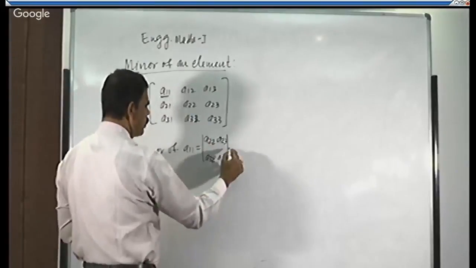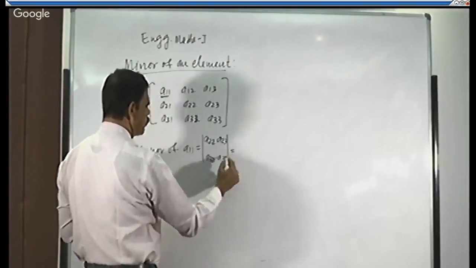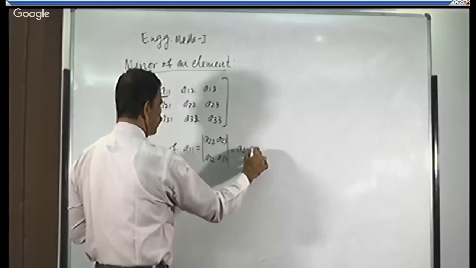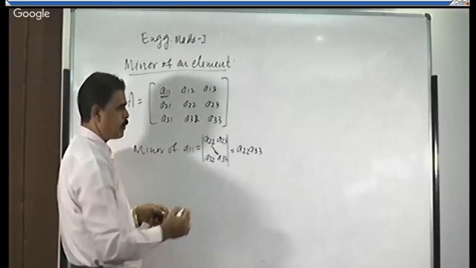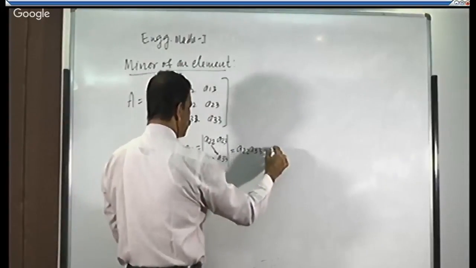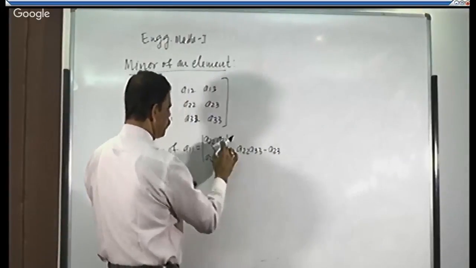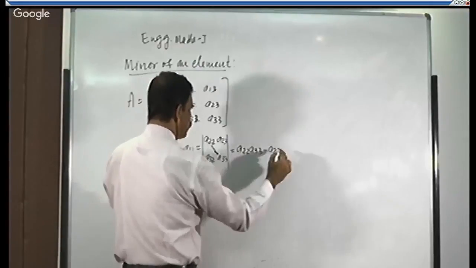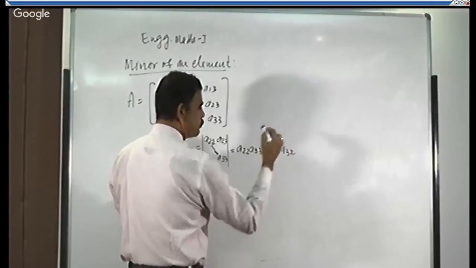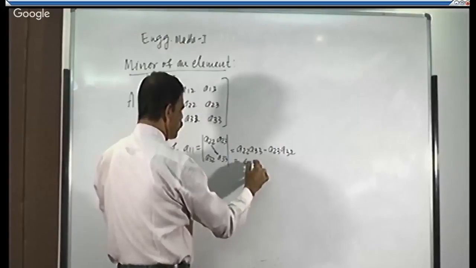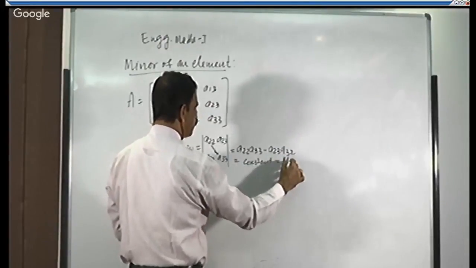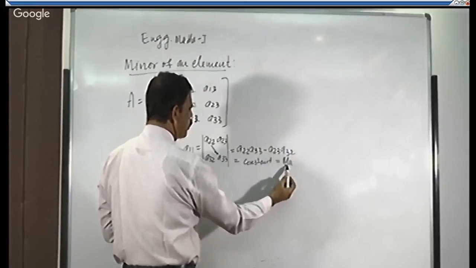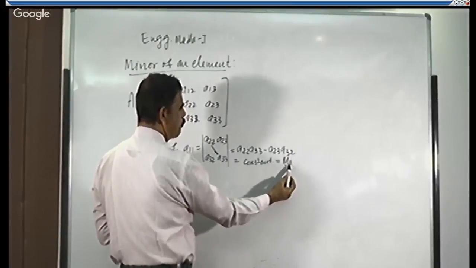Expanding this: A22 into A33, the product of principal diagonal elements, minus the product of secondary diagonal elements, that is A23 into A32. We will get some constant, so I will call it M11. That is the minor of the element which lies in the first row and first column.